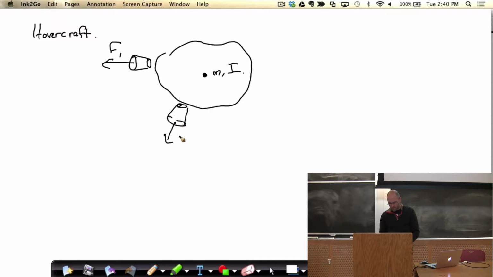Maybe I'm pushing on the world, but it's pushing on me in the other direction, obviously. So I've got something with thrusters coming out, and I've got gravity coming down. And maybe I'll have more thrusters than that. We'll see, okay? So this is just a toy model, and that's meant to be some rigid body, not necessarily a square.